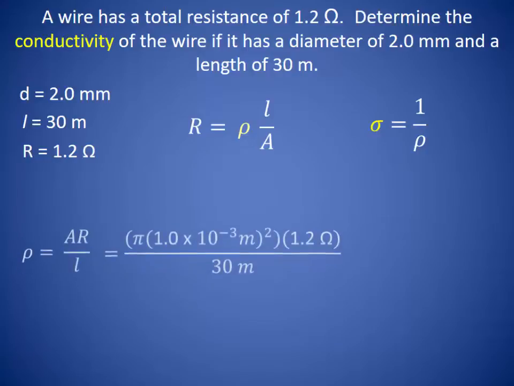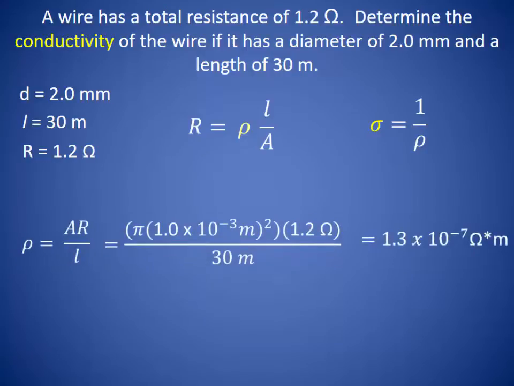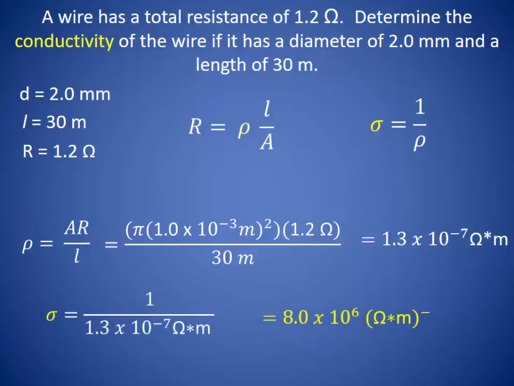So if we rearrange for resistivity, we can take the area times the resistance divided by the length, and we find 1.3 × 10^-7 ohm meters as our resistivity. Conductivity is the inverse of the resistivity, so all we have to do is take that and invert it, and we find 8.0 × 10^6 (ohm meters)^-1.